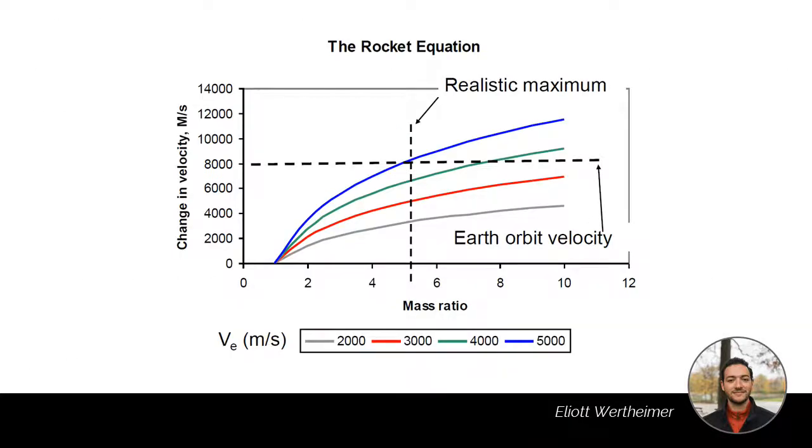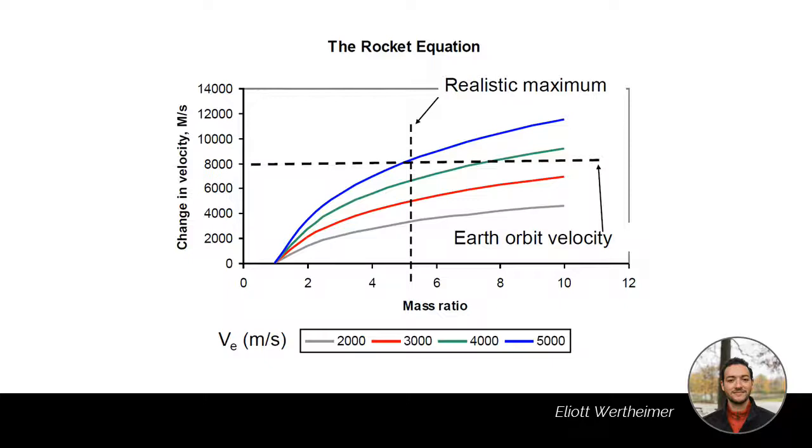This graphic offers a plot of the rocket equation for different rocket exhaust velocities, which, as we just said, is basically the speed at which material is coming out of the back of the engine of the rocket. As you can see, the gray line represents a 2000 meters per second exhaust velocity, the red line a 3000 meters per second exhaust velocity, and so on.